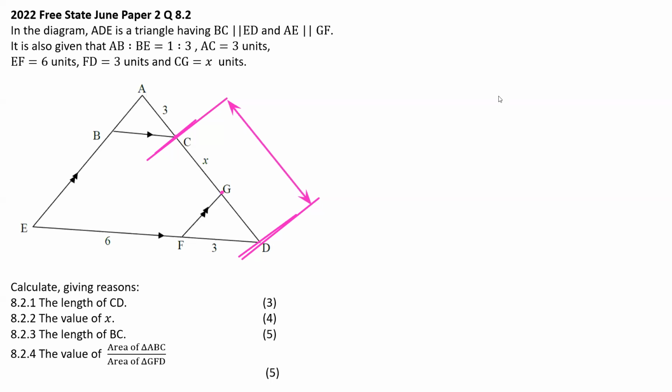CD is 9. That means to me, DG, let me say these letters again. CD, who are you? 9, the previous calculation. Then CG is X. So GD must be 9 minus X.